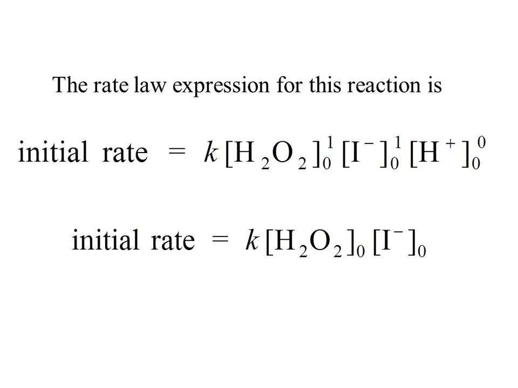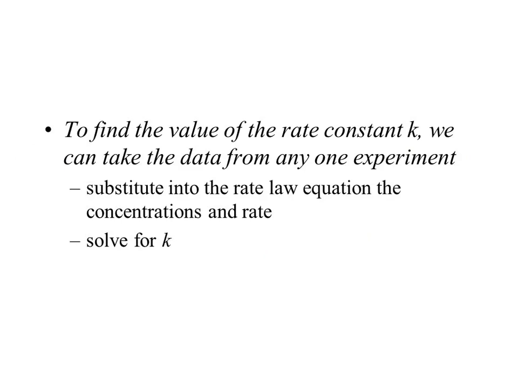Then all we have is K to solve for. So find the value of K. Once you have your reaction orders, which we do, we can pick any one experiment and substitute in. A little bit ago when I said substitute, this is what I meant.